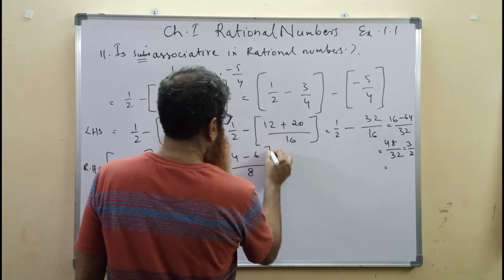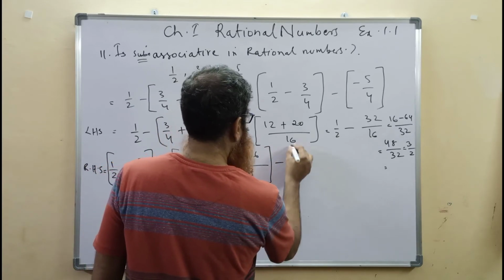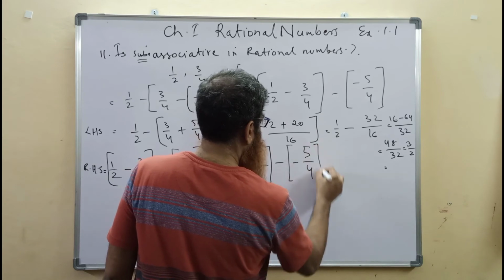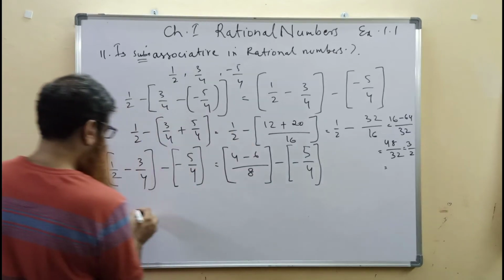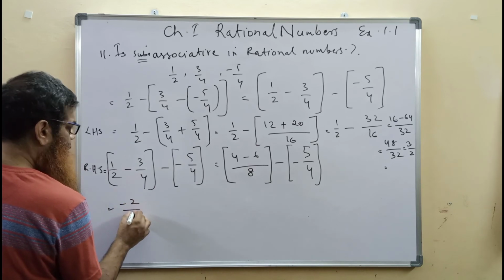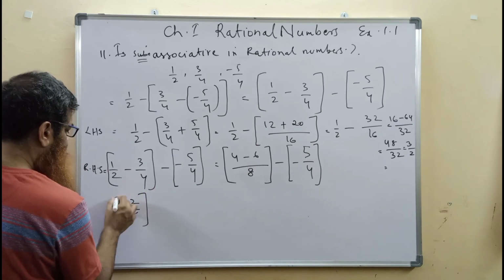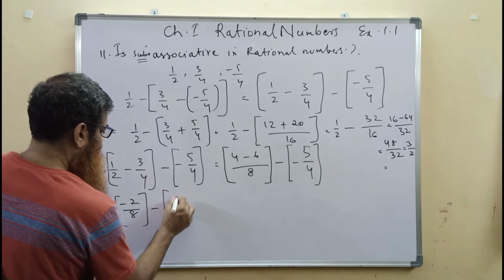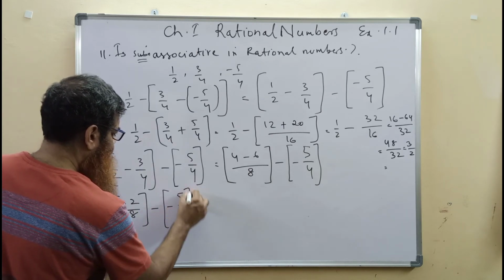In the brackets first, then minus of minus 5 by 4. In the next step, it is 4 minus 6 is minus 2 by 8 minus minus 5 by 4.